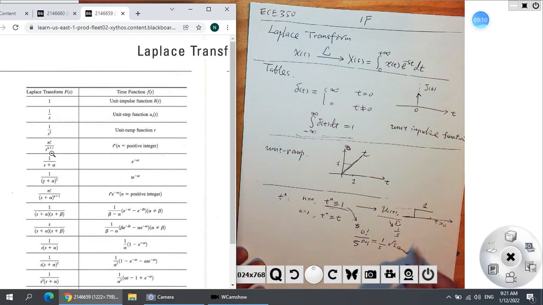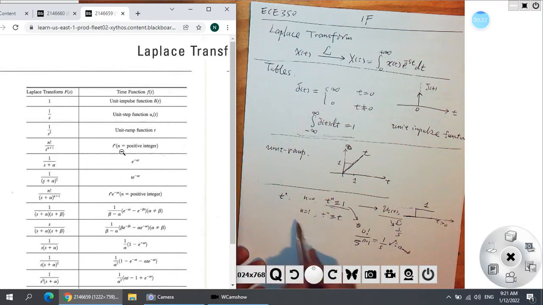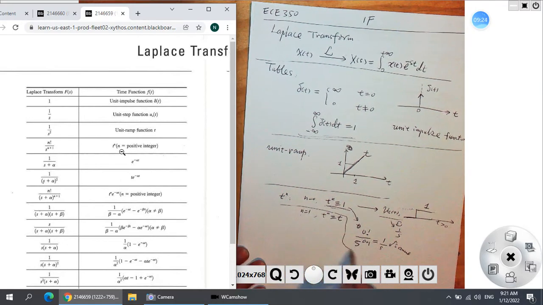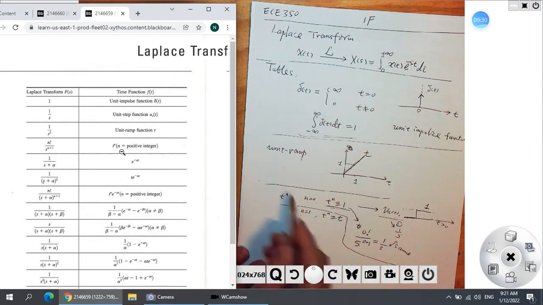So do you apply this or this? When n is 0, the second line and the fourth line are the same thing. And when n is 1, we use this one.